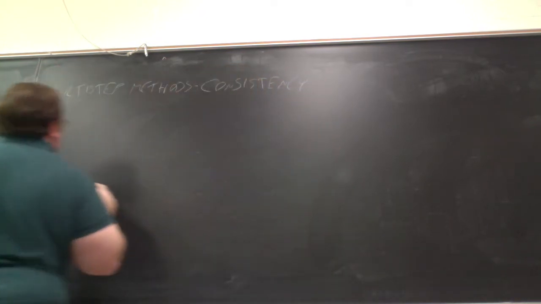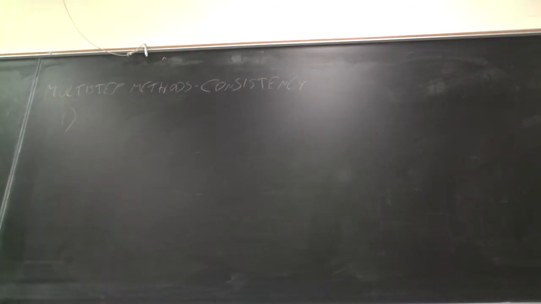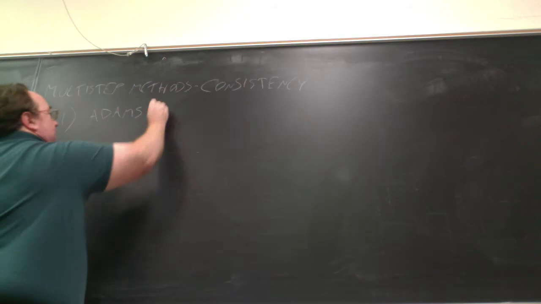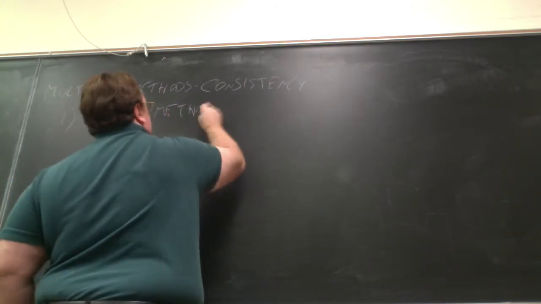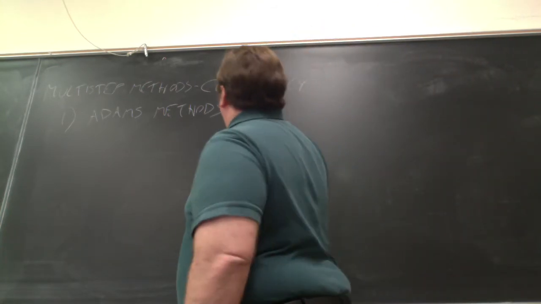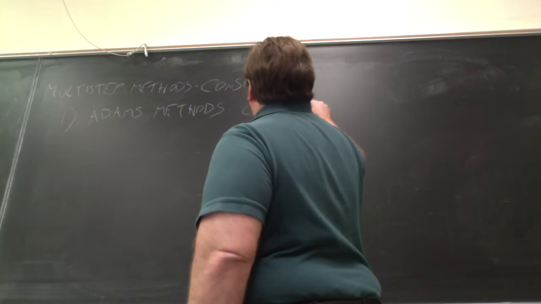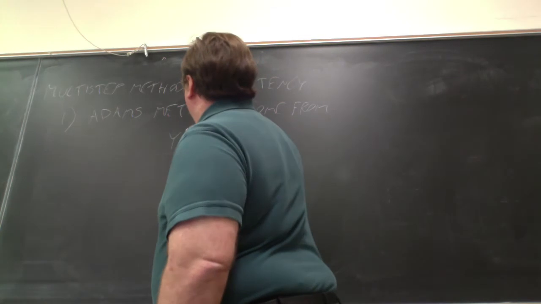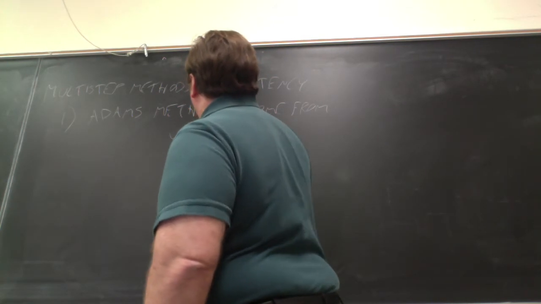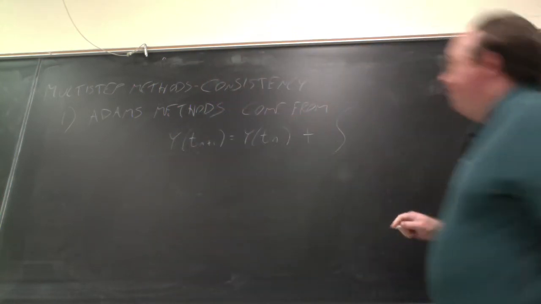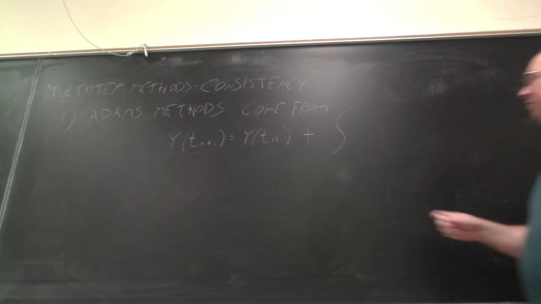It's actually easier to talk about this if we restrict ourselves to Adams methods, because they all have a particular form that's a little easier to work with, regardless of whether it's the Adams-Bashforth form or Adams-Moulton methods. Let me review where Adams methods come from: y of t_{n+1} is equal to y of t_n plus an integral, so basically I'm writing the ODE in integral form.